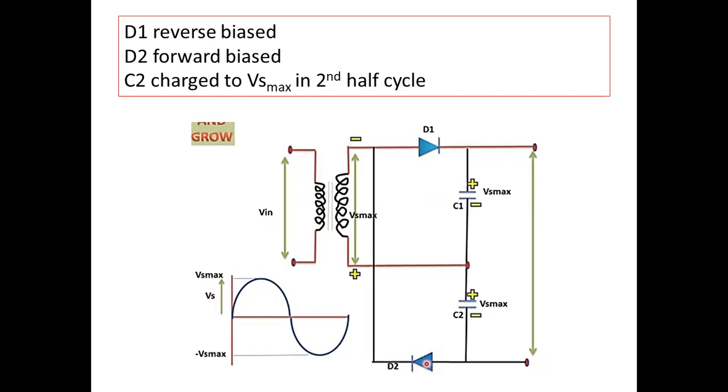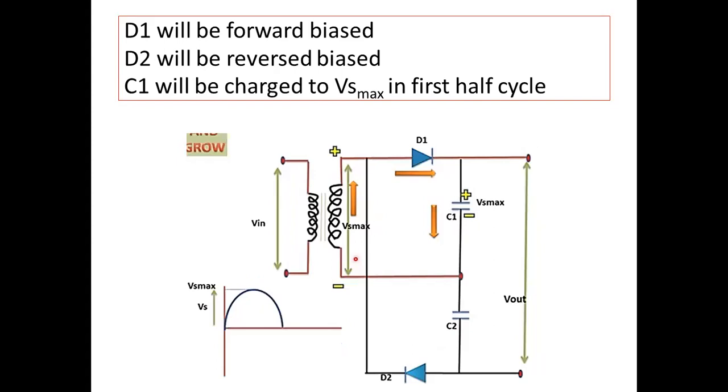Then we will study the combined effect of these two. So this is the first half cycle, the transformer. Okay, so the AC, this is the positive, this is the negative. And these arrows show the motion or the flow of the current.